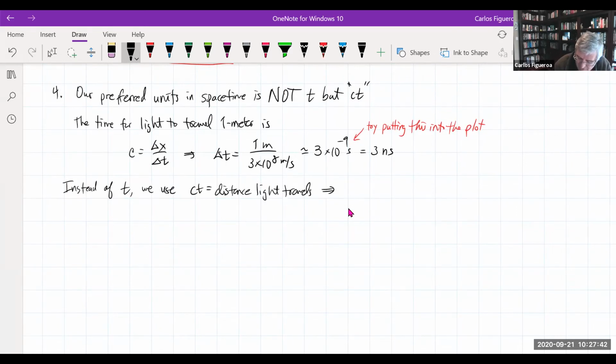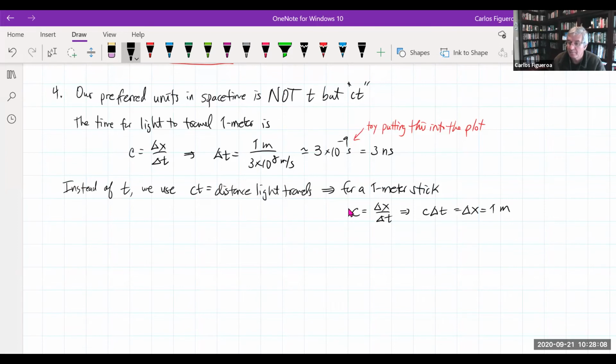That means for a 1 meter stick, we know that C is equal to delta X over delta T. So if I write CT like this, then what I'm really measuring is 1 meter.